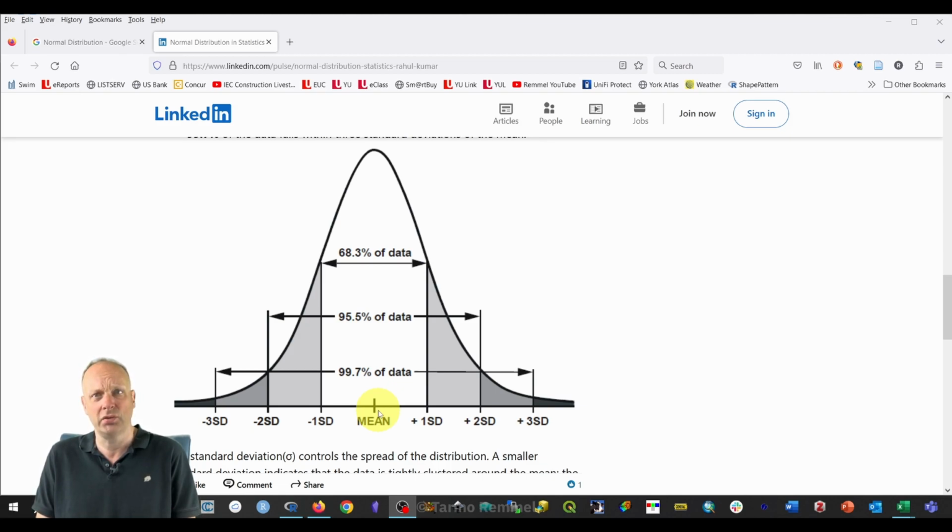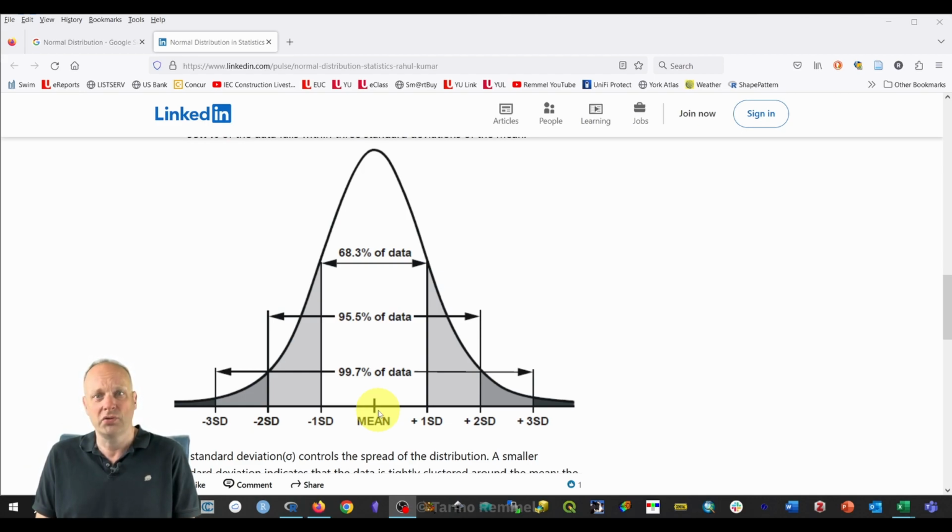And if we think back to our data description, we know that if we have a larger standard deviation, there's more variability in our data. If we have a small standard deviation, the variability is constrained to a very small range.